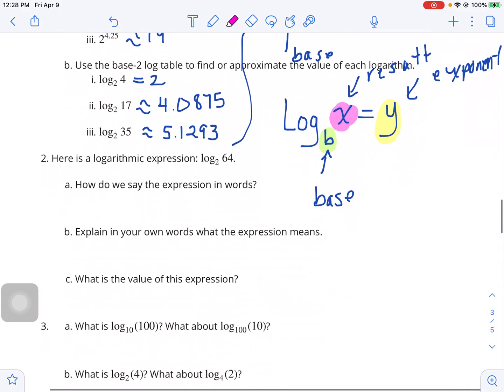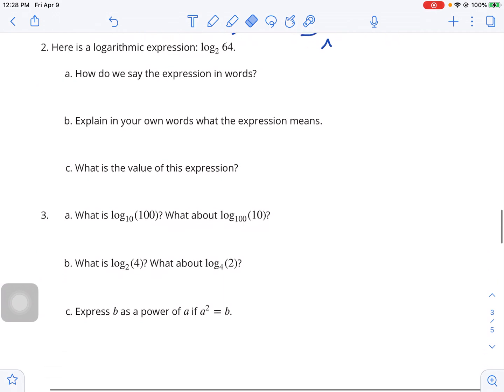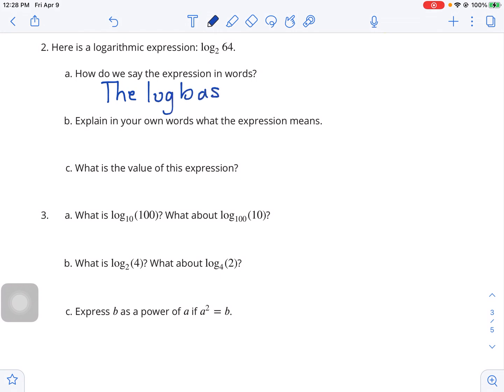Number 2, here's a logarithmic expression, log base 2 of 64. How do we say the expression in words? So we say it by going by just what I said, log base 2 of 64. And explain in your own words what that expression means. Remember, a log is an exponent.